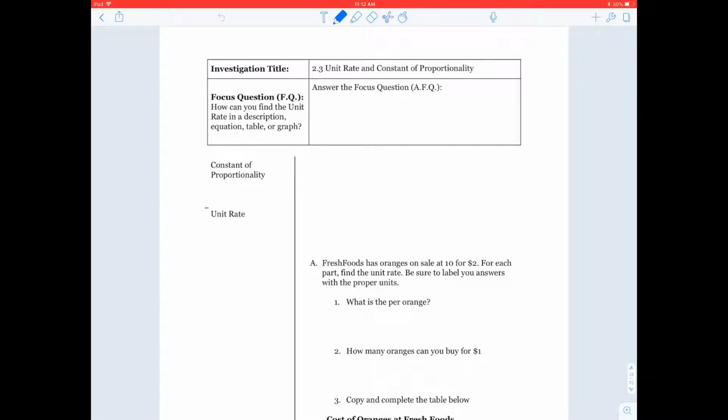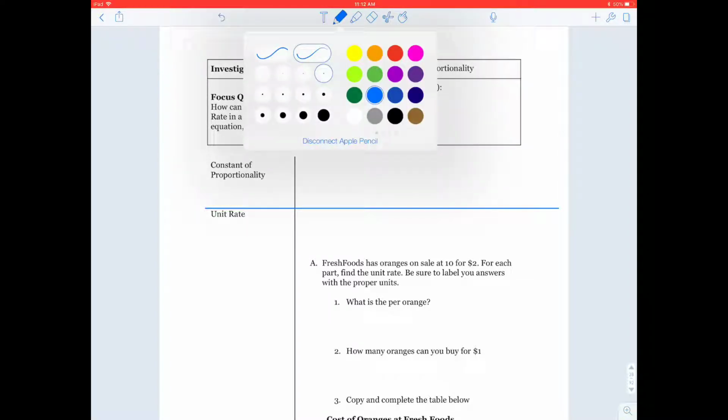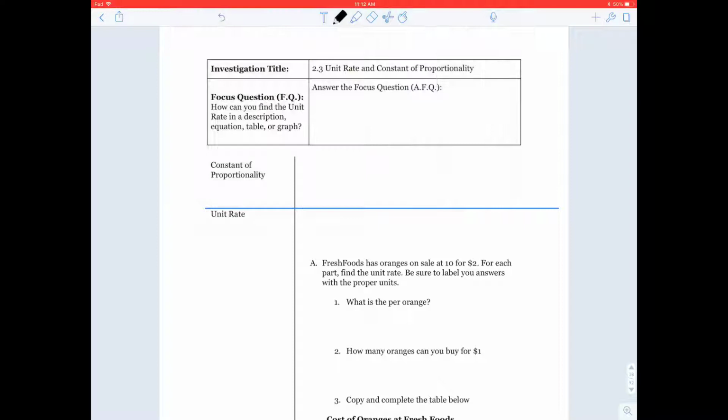For the constant of proportionality, I honestly feel like this was probably the most difficult definition to get in your vocabulary, and really the easiest way that I can think of to explain this is this. In an equation, we're going to be dealing with equations today.